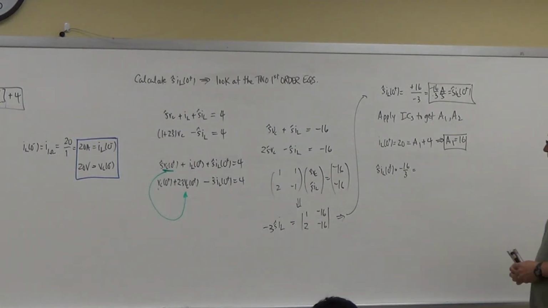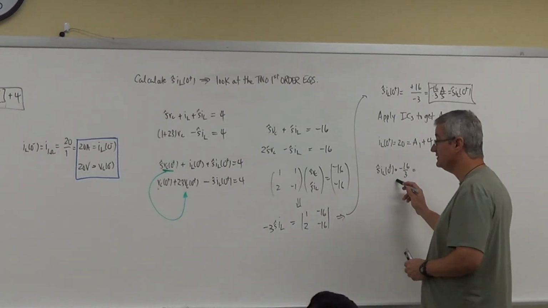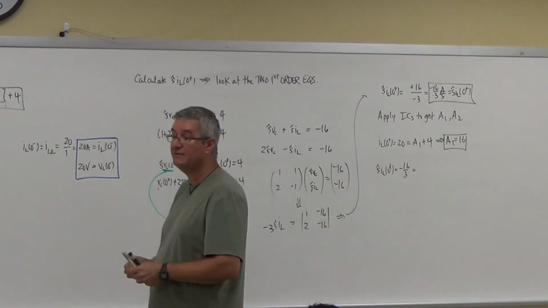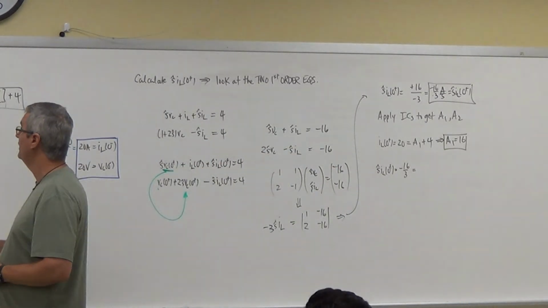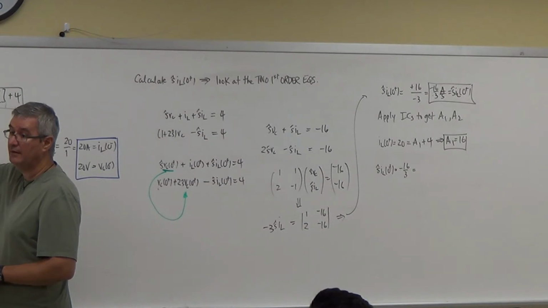Okay? So now let's apply this. If I apply this, that means I got to take the derivative of this thing. So let's be clever with our derivative. If I take the derivative of this, I'm going to get minus a half, and then I set t equal to 0, so that's 1. Okay?